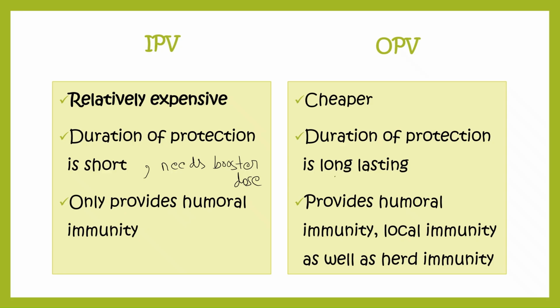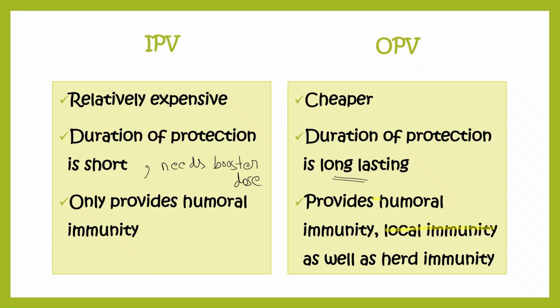And coming to immunity, injectable polio vaccine only provides humoral immunity. It doesn't provide herd immunity as well as local immunity. But oral polio vaccine provides humoral immunity, herd immunity as well as local immunity. So when injectable polio vaccine is administered through intradermal or intramuscular route, it directly enters the blood and provides humoral immunity, right?